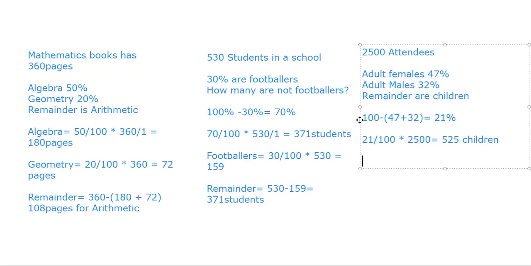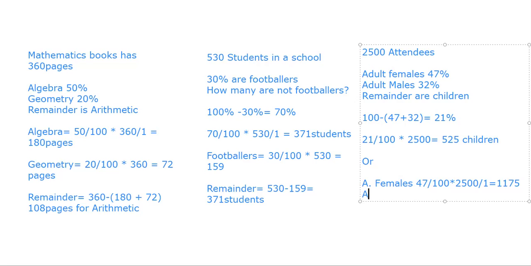All right, I'm so sorry about that mix-up. Or we could have worked out the adult females, which would have been 47 over 100 multiplied by 2500 over 1, which is equal to 1175.